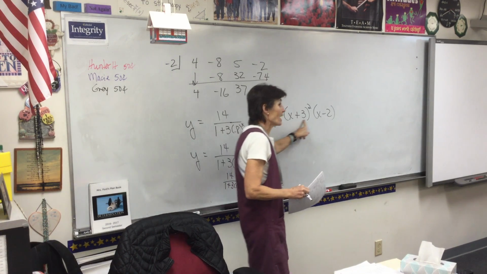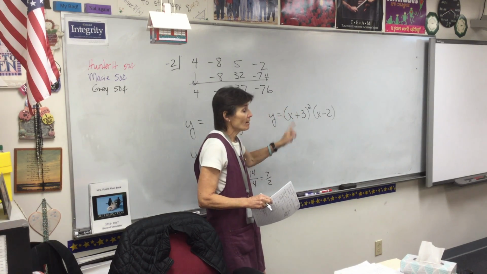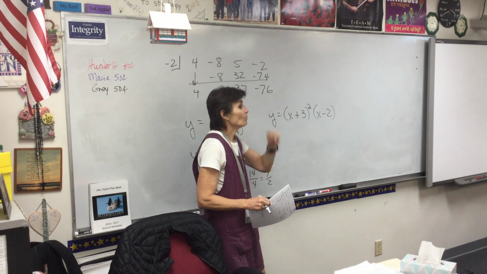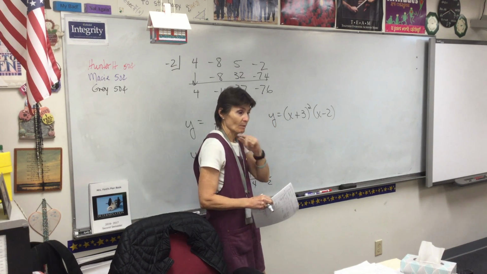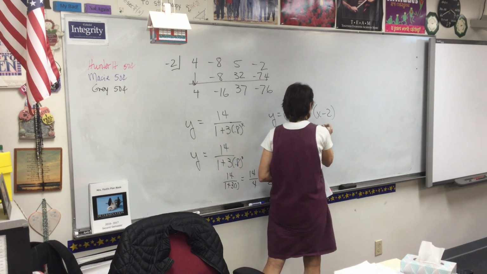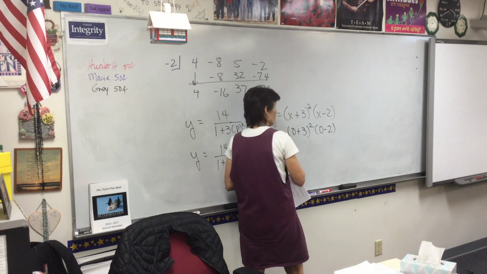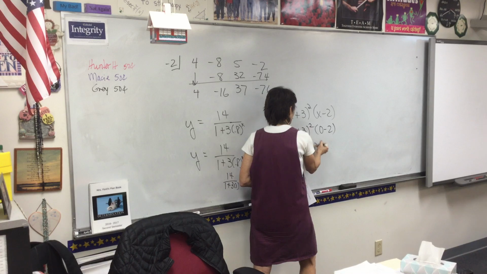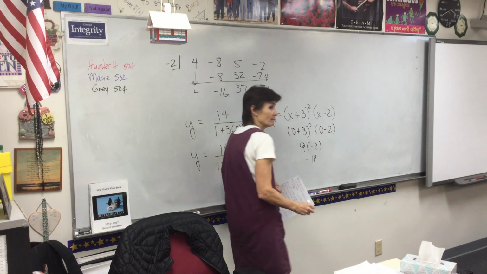Now, this is an entirely different looking equation, but the directions are the same. How do we find a y-intercept? We let x be 0. So we put 0 in and work it out. 0 plus 3 squared. Looks like this one's negative 18.